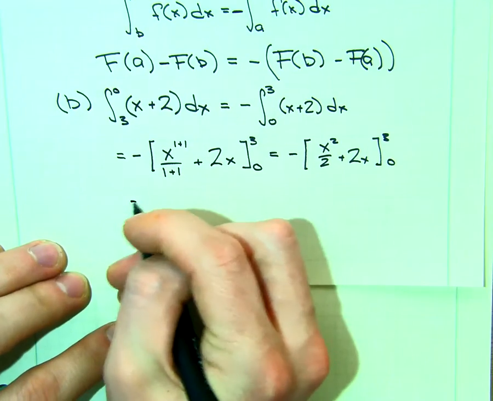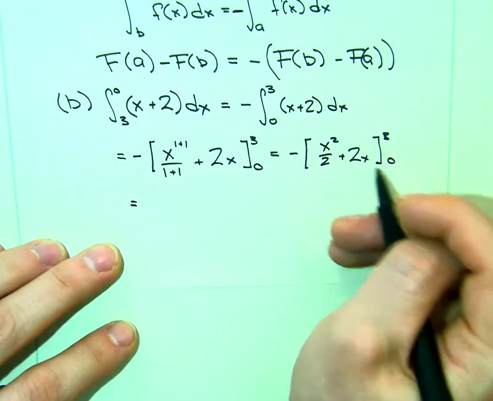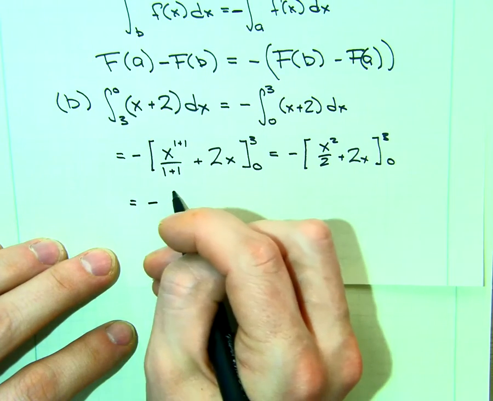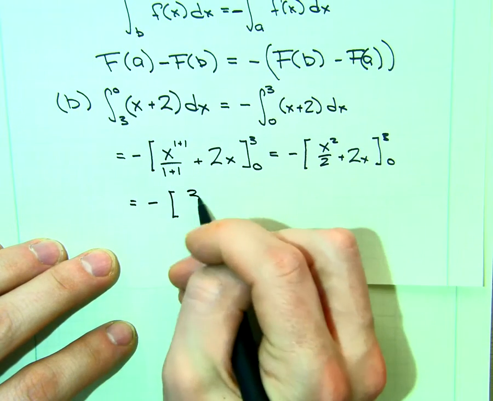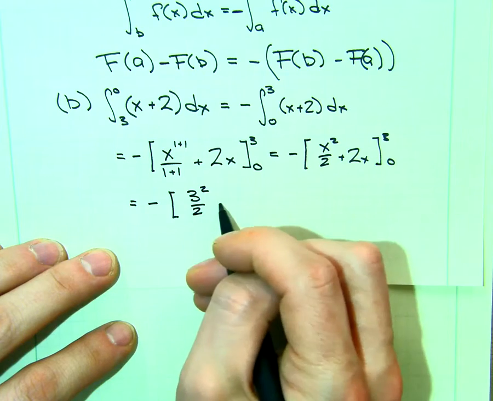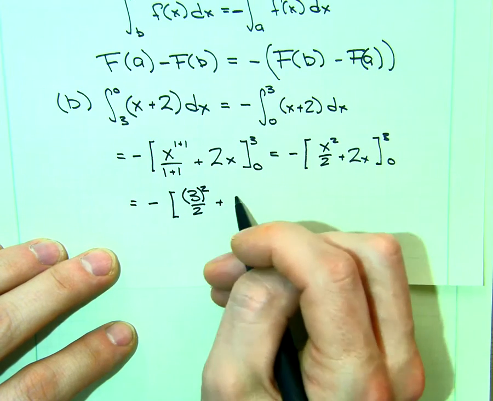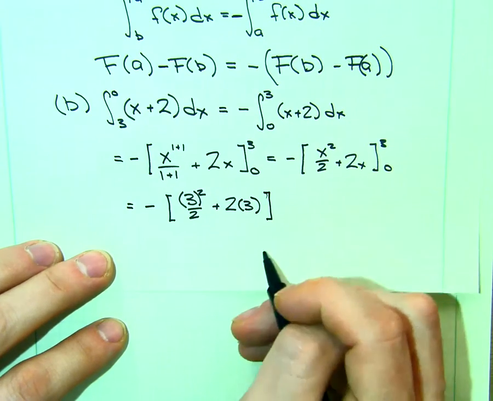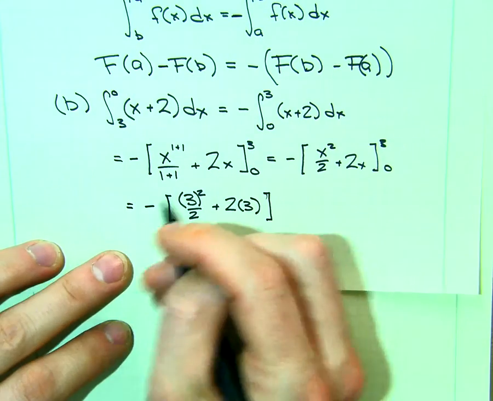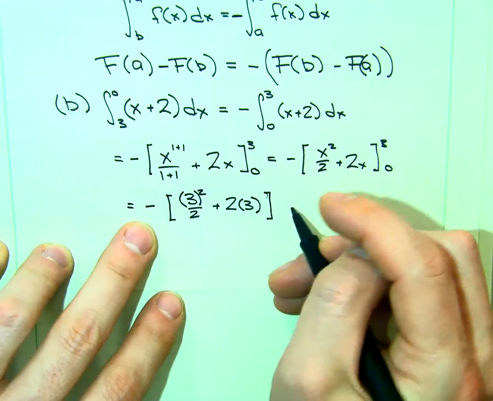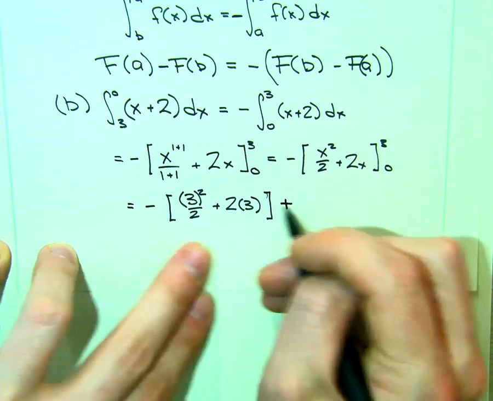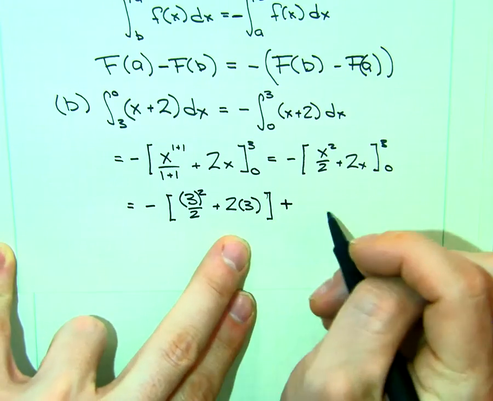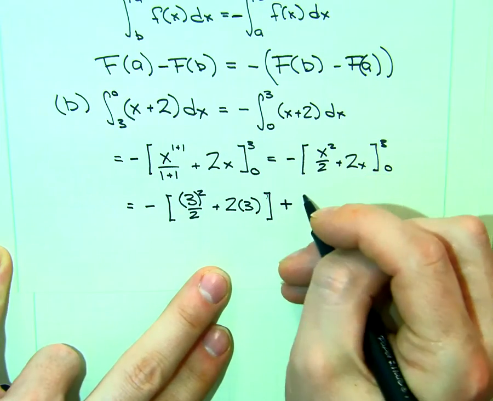And then the next one, I can start plugging in my 3 and my 0, so negative sign out front. And I just end up with 3 squared divided by 2 plus 2 times 3. And then because it's a negative sign, I'm going to go ahead and distribute it, so then it just becomes a plus, right? So normally it would be F of b minus F of a. In this case, it's F of a minus F of b.